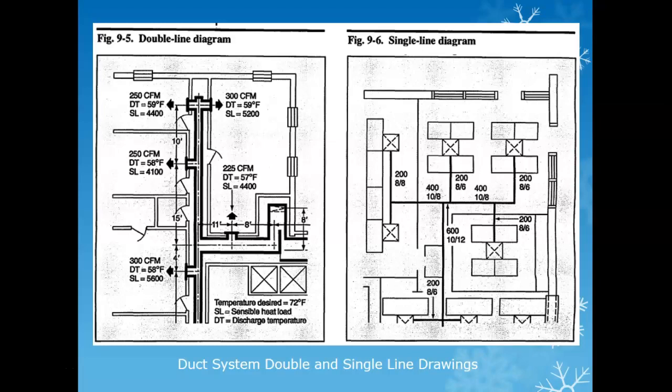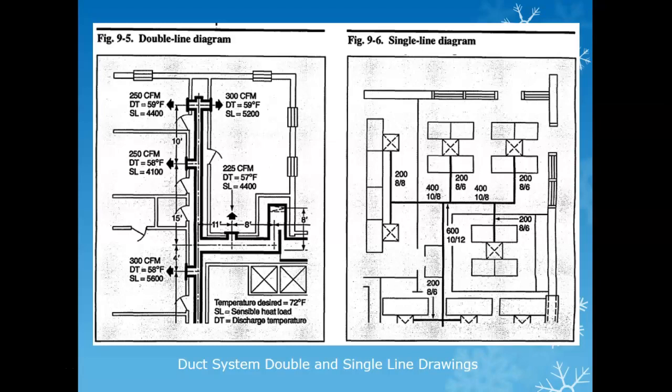So you have double line diagrams and single line diagrams. Again, this mostly becomes more obvious in everything in the trades. What you're seeing here is a double line diagram, essentially showing you ductwork comes to where it blows out here, ductwork again moves to another room, and then there it splits to 2 rooms.